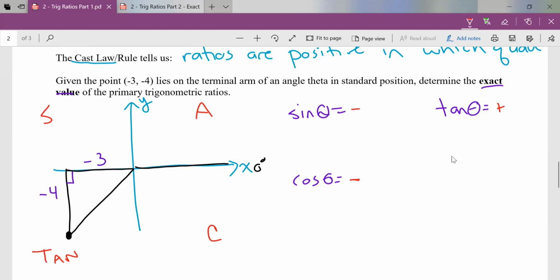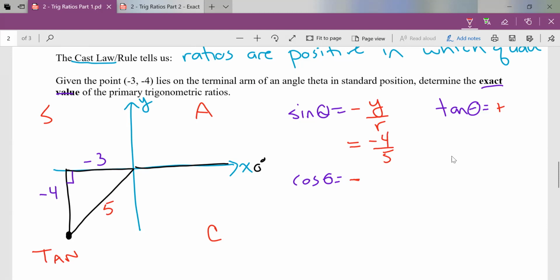Now, sine is y over r, opposite over hypotenuse. Well, we've got to find the hypotenuse or the radius here. It's a Pythagorean triple, so that's going to be 5. But you would just use a squared plus b squared equals c squared to find that if you had to. And so now we can really quickly say sine is -4/5.